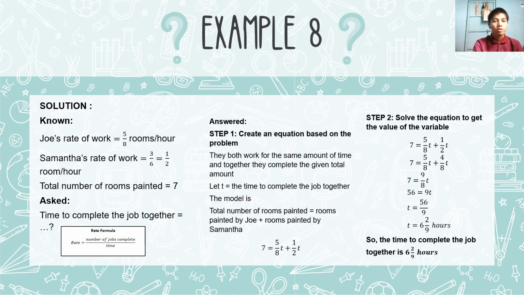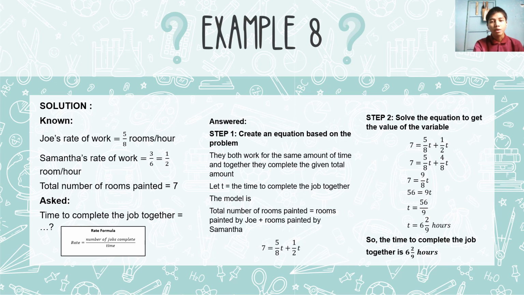The solution: we know from the question that Joe's rate of work equals 5 rooms per hour and Samantha's rate of work equals 3/6 equals 1/2 room per hour, and the total number of rooms painted equals 7. Then what is asked is the time to complete the job together.